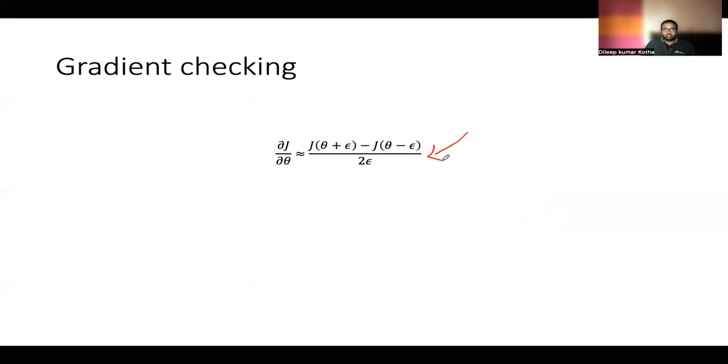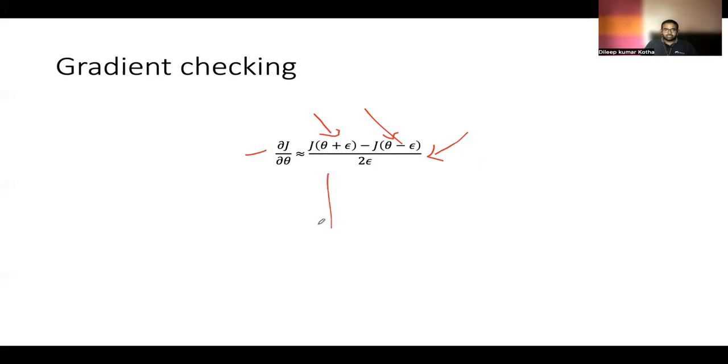One point to note here is that the calculation of J of theta plus epsilon or theta minus epsilon is costly. That's the reason we use backpropagation instead of directly using the cost function this way to calculate the derivative at any given point.